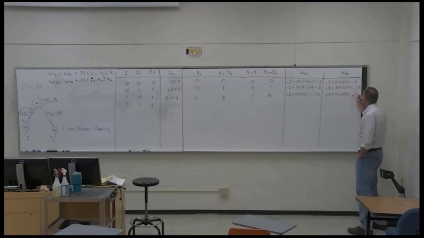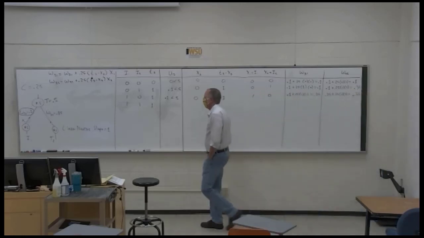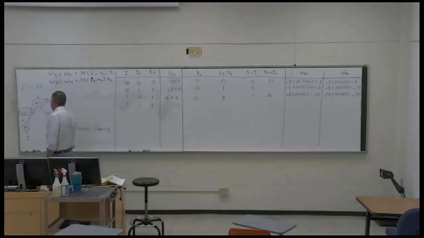So that weight does not change. So we can go over here to our diagram now and write in 0.35. So you can see that as we progress through the data in our training set, we apply the update rules, and the weights hopefully are getting better and better.